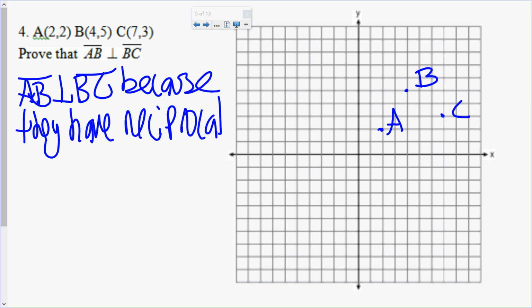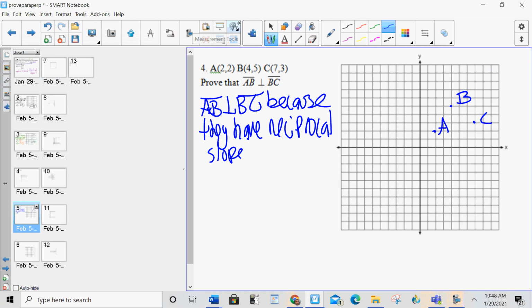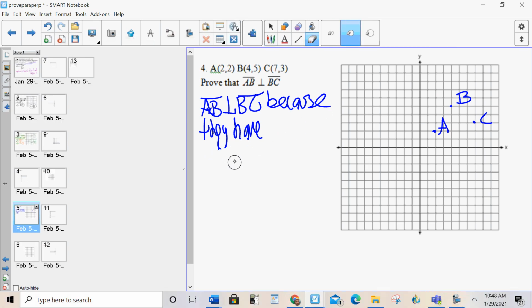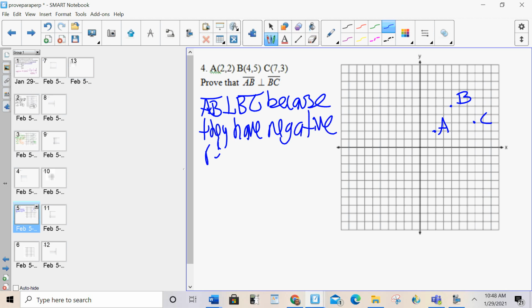Negative reciprocal slopes. Wow, I started writing negative and then it turned into reciprocal. They have negative reciprocal slopes. So I'm going to have to find their slopes using the slope formula.